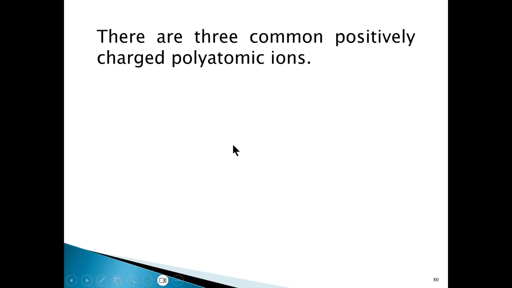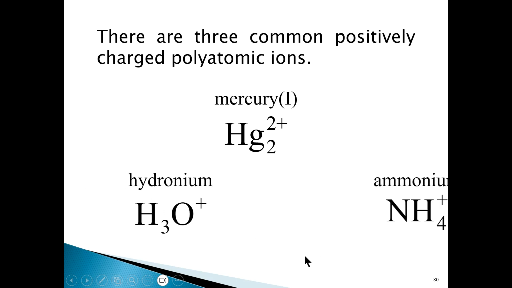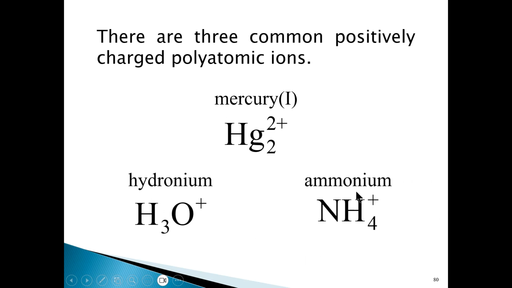All right. And then we have polyatomic cations, and there are three common ones. We have met this one before, and I think we have met this one before, and there's also this one right here, right? Most of the polyatomic ions that are in existence are actually anions, but these are three common polyatomic cations.